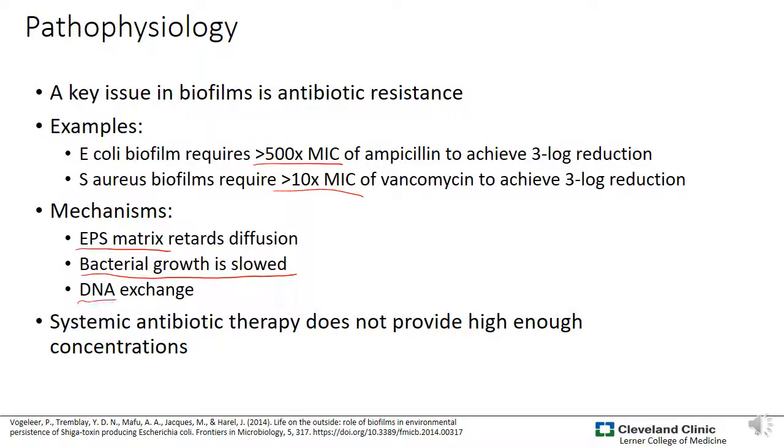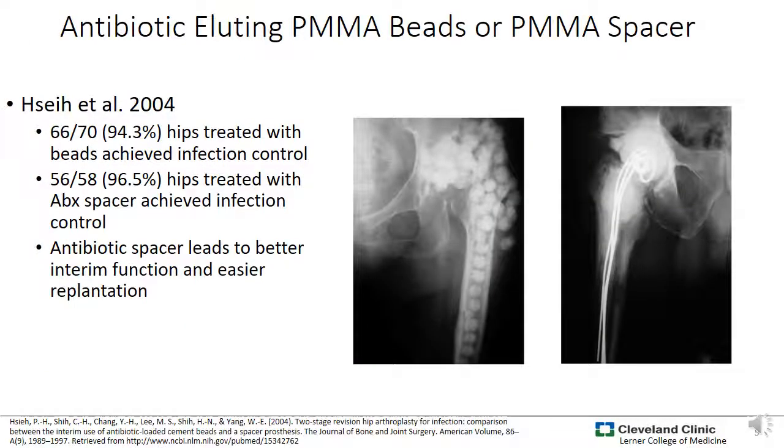In this close proximity within the biofilm, there's opportunity for rapid DNA exchange of resistance plasmids. Because of all of this, systemic antibiotic therapy does not typically provide high enough concentrations of antibiotic to successfully eradicate the infection. Given this situation, antibiotics in the joint itself have become a mainstay of therapy.